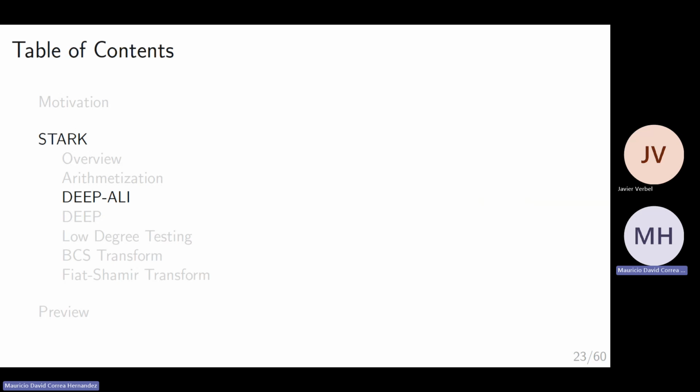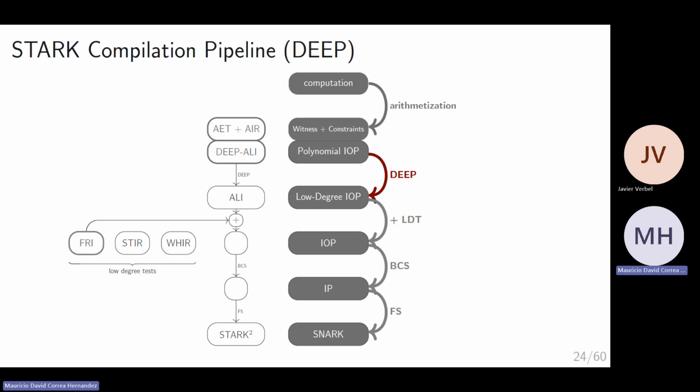So that was the DEEP-ALI protocol. Now it's time for the DEEP trick. A little note on this diagram: if we apply the DEEP trick to the DEEP-ALI protocol, we actually get something that's not ALI. Sorry, this is an error of history. The ALI protocol came first, and then they realized we can make this more efficient if we deepify it, and if you go in the reverse direction, you get a completely different protocol.